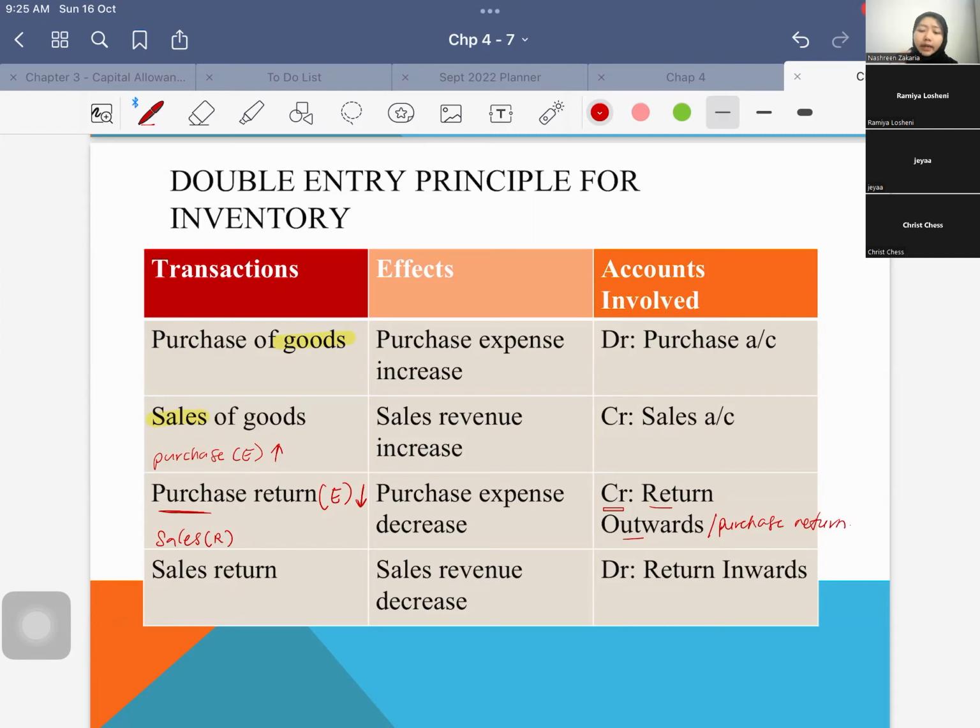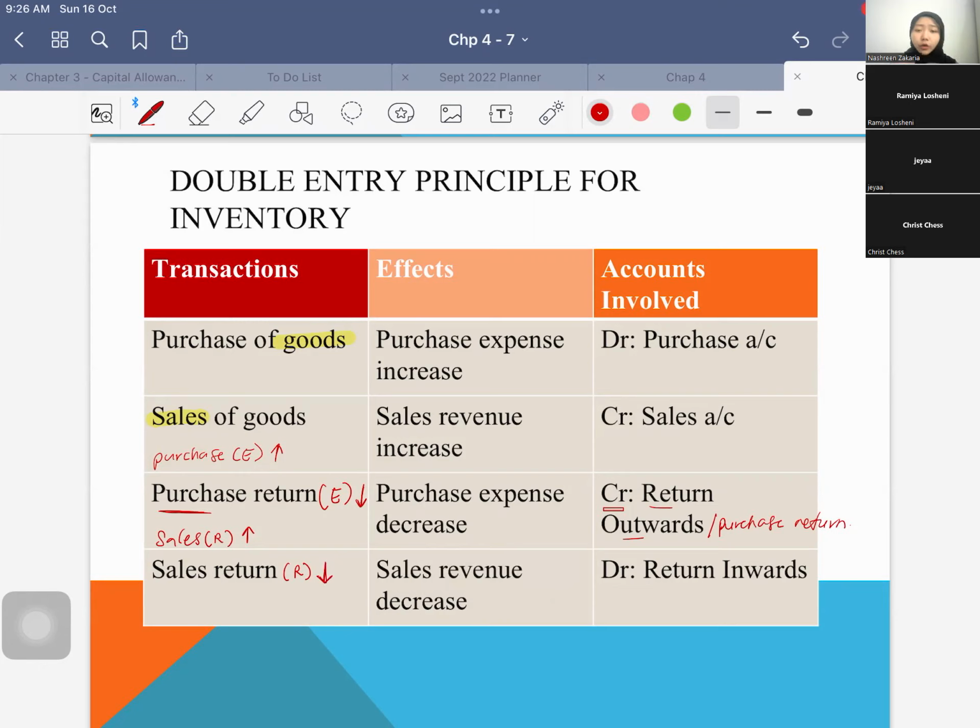So meaning that at that time our revenue is increasing. Correct? Our revenue is increasing. And then suddenly that customer return back the goods that dia beli from us just now. Okay. So it will involve with sales return. So now our revenue or our sales return, which is under revenue element, will decrease.